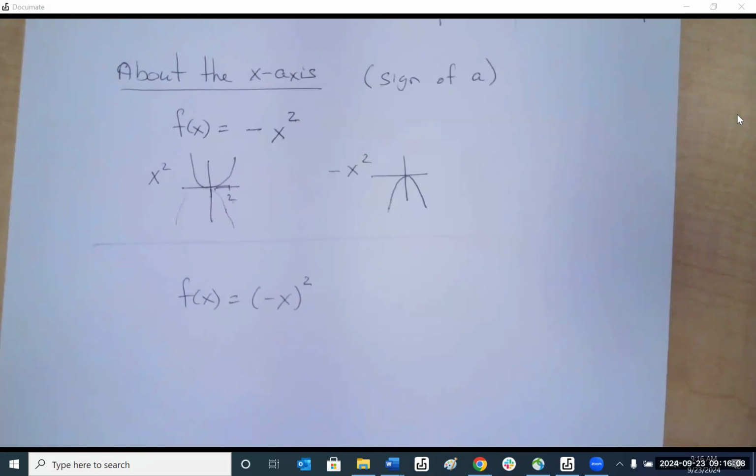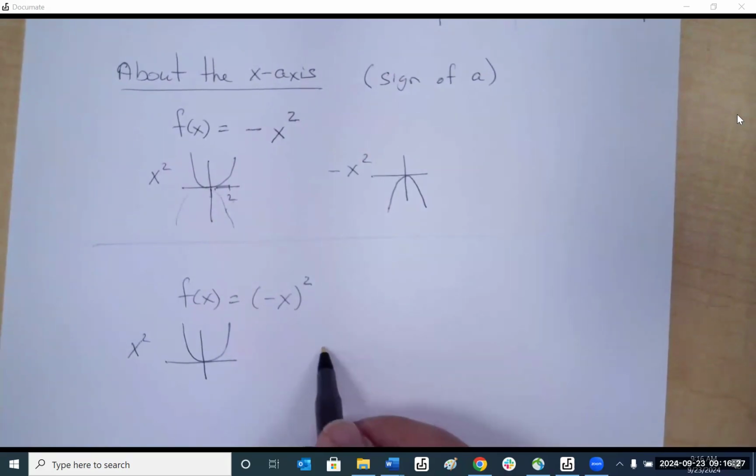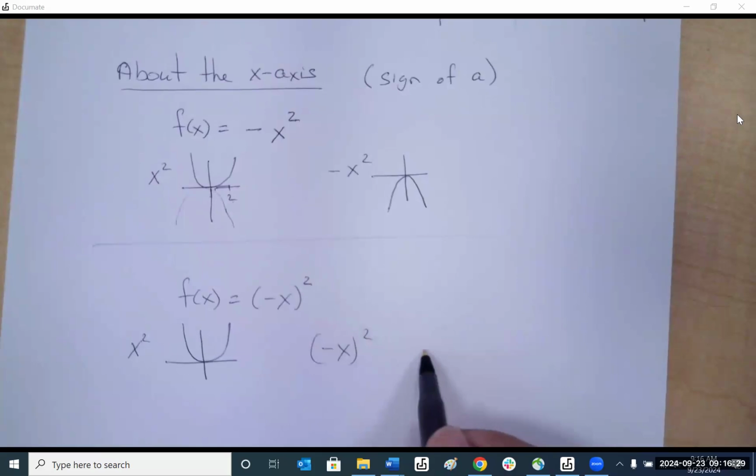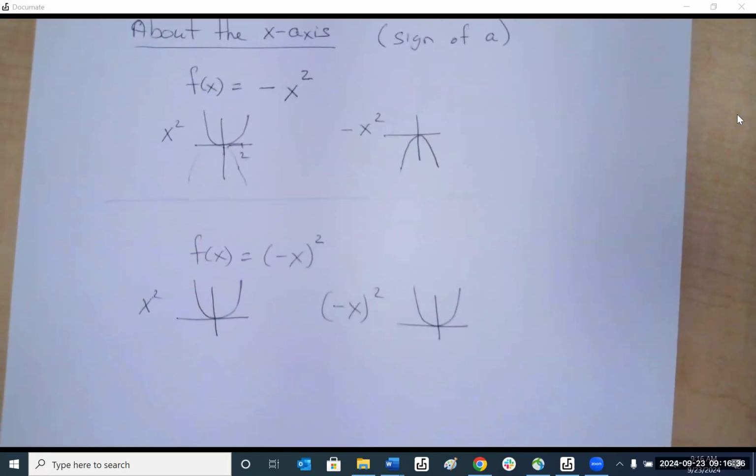Nope. Remember, we can't change it that way because we're trying to graph. What's the original function? X squared. It looks like this. So it would still be flipped upside down since it's a negative. Can you guess why? It's the same graph.